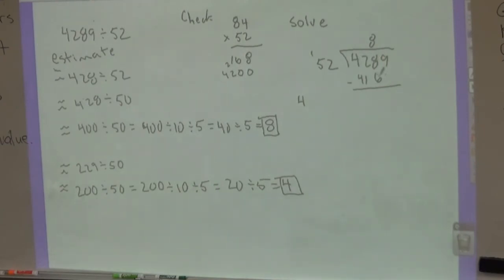8 minus 2 equals 2, 2 minus 1, 1, so there's my problem.